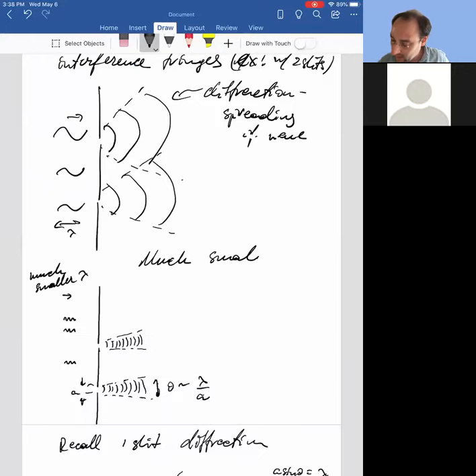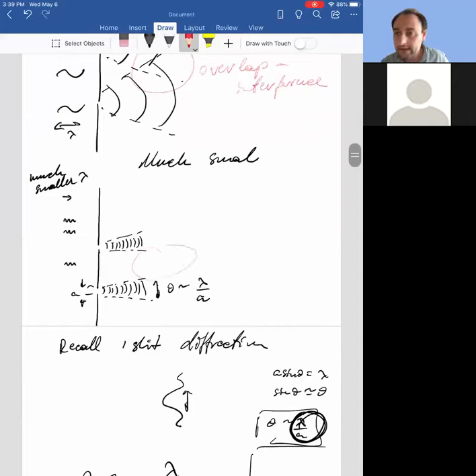You see here, you have overlap, interference. With little overlap, there is little or no interference.